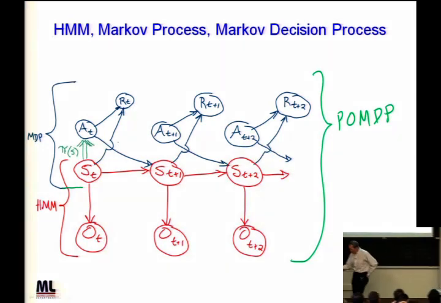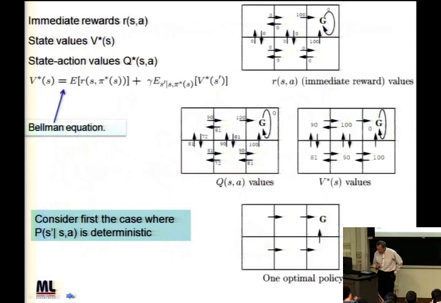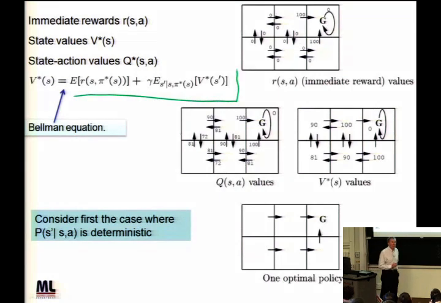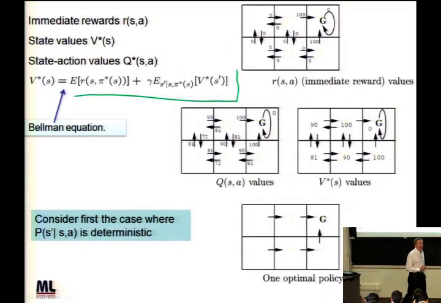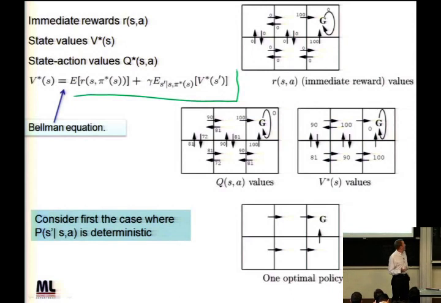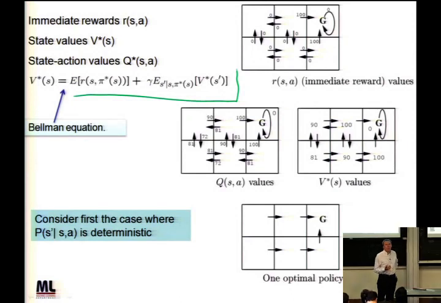So I'm sure you recall that. And so, in fact, we ended up noticing that we could take that expected sum of future discounted rewards as the value of some evaluation function. We'll call it V star.